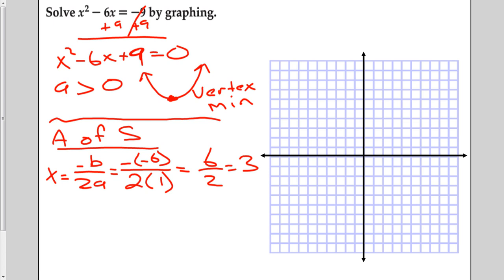Now, for my axis of symmetry, this dotted line is not part of the graph. It's just a guide to remind me where the axis of symmetry is and to let me know that the graph is going to be the same on both sides. So if I plug this x value into my equation, I should get my y value out. And when I'm graphing this, really what I'm graphing is x squared minus 6x plus 9 is equal to y.